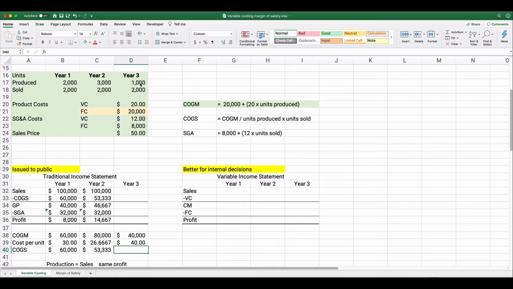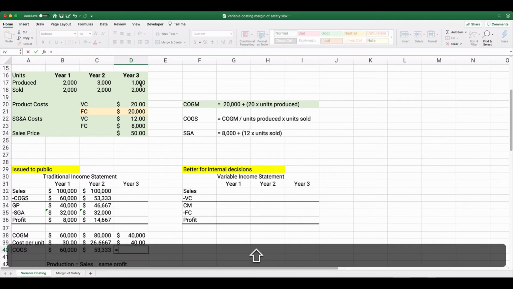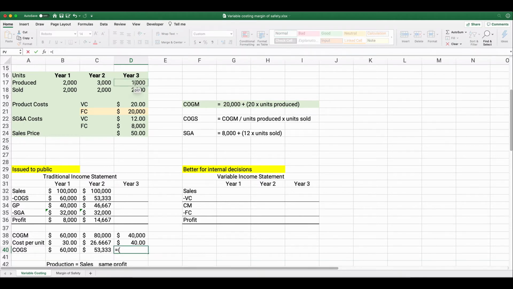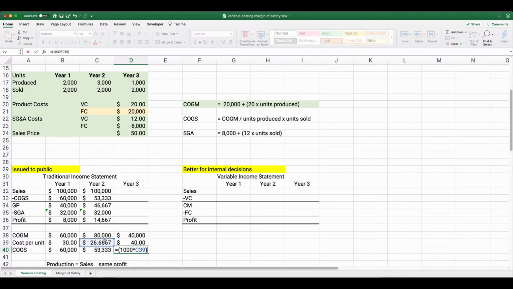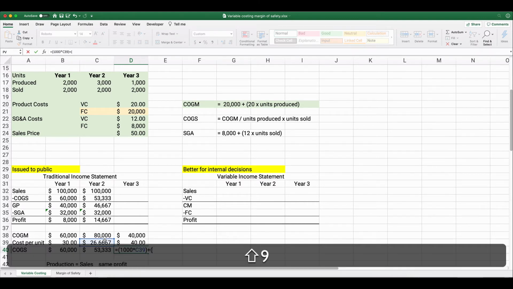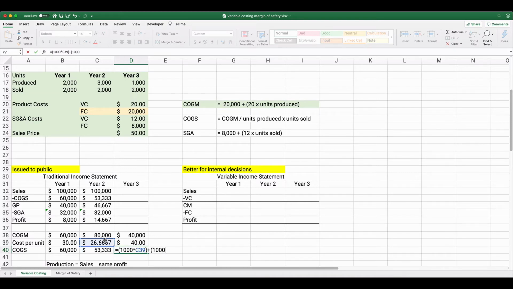Now, what is this? This is the opposite of economies of scale. This is diseconomies of scale, right? If you produce 1,000, it costs you $40 each. So what's our cost of goods sold? Well, we have 1,000 times the $26 from last year, we sold those, plus 1,000 times $40.